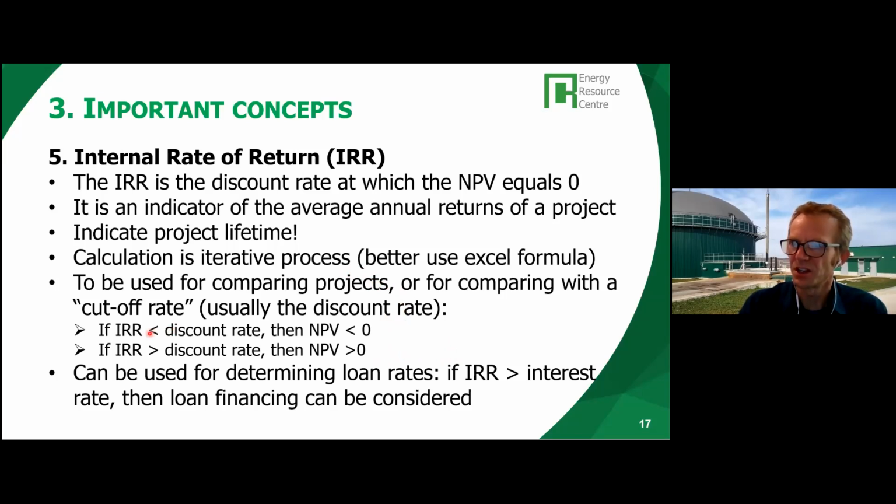Let's say if the IRR is below the discount rate, for example, then the net present value is smaller than 0, then the project can be considered not economic. On the other hand, if it's above the discount rate, especially when it's substantially above the discount rate, then the net present value is bigger than 0, and then it can be considered a, say, financially feasible project.